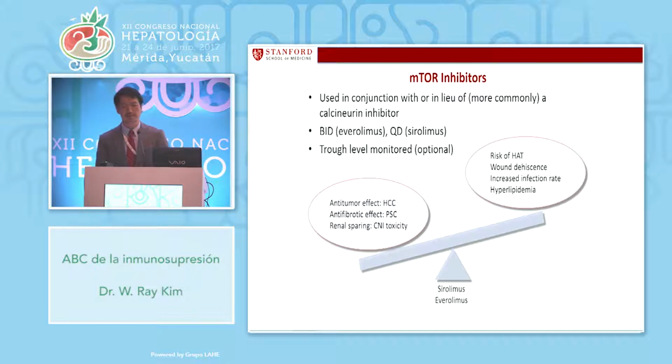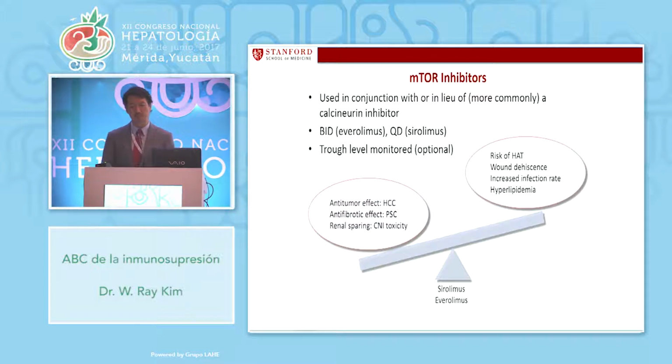mTOR inhibitors, everolimus or sirolimus, are used in conjunction with or in lieu of calcineurin inhibitors. We sometimes measure trough levels, but not necessarily. mTOR inhibitors are somewhat unique. They have an anti-tumor effect. So if you have patients with hepatocellular carcinoma, sometimes that is used to suppress tumor regrowth.